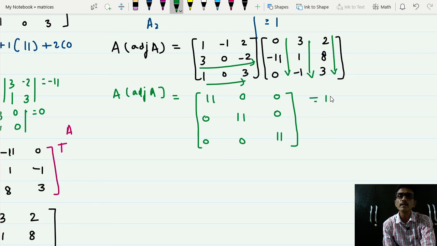From this you can take 11 outside the determinant.